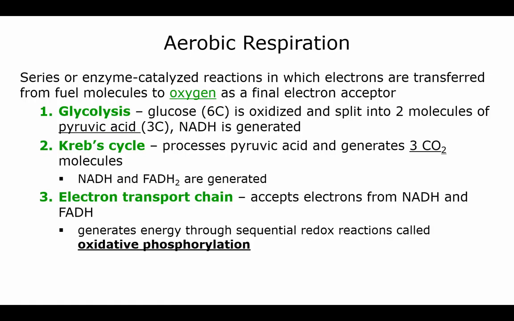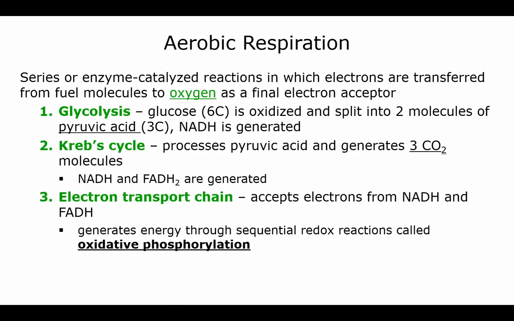With glycolysis, we take a 6-carbon glucose, and it's oxidized. And we split it into 2 molecules of pyruvic acid, and they each have 3 carbons. So we've taken 6 carbon and split it, and we have 2 3-carbon pyruvic acid. And we make NADH, carrying those electrons. Okay? In the Krebs cycle, we take the pyruvic acid, and we make 3 carbon dioxide molecules.